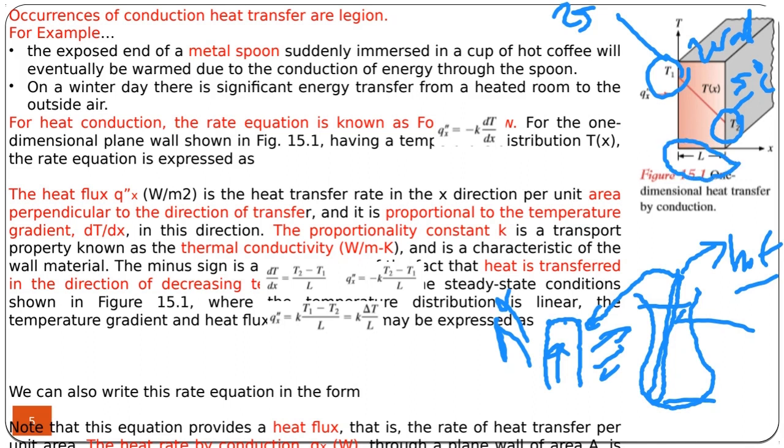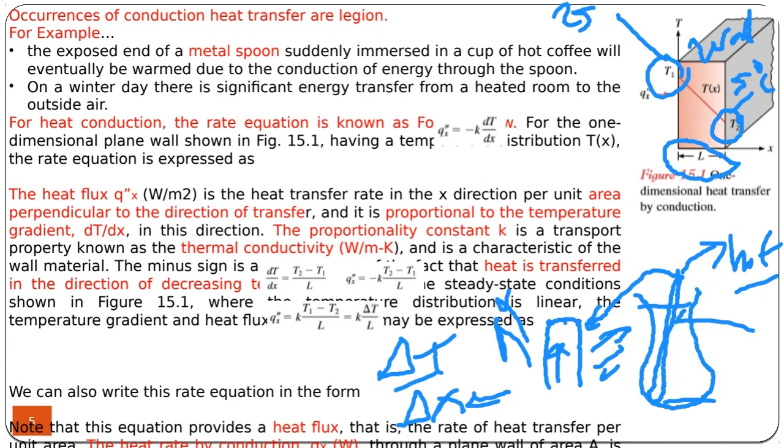So what can you say about the amount of heat transfer in terms of the temperature differences and the thicknesses? What happens to the amount of heat transfer if the wall is thicker? It decreases because when you write the gradient, it's at the denominator. If it's bigger, the heat transfer becomes less.